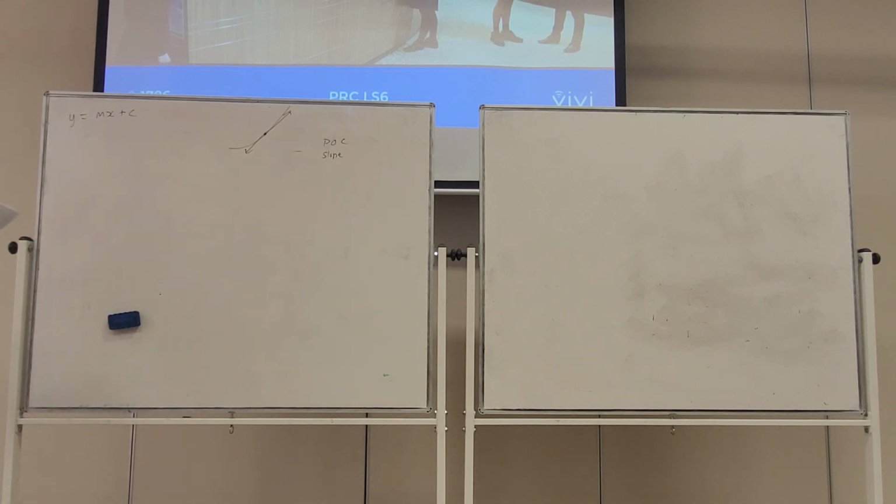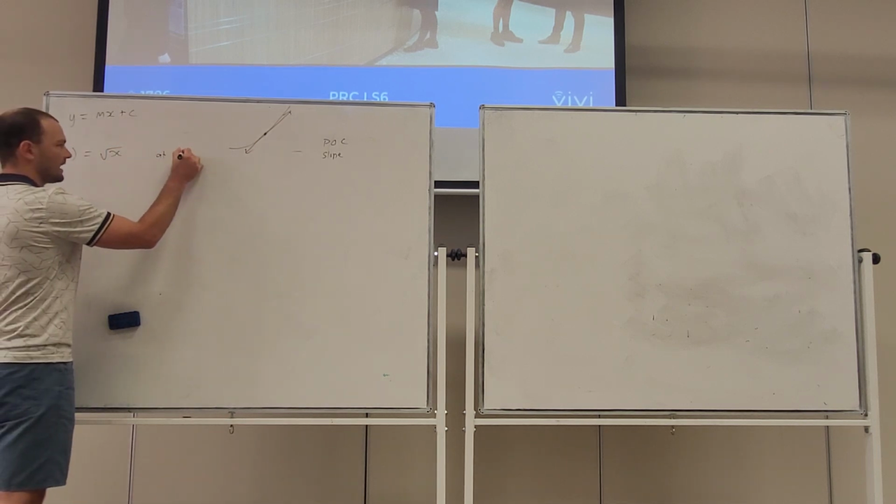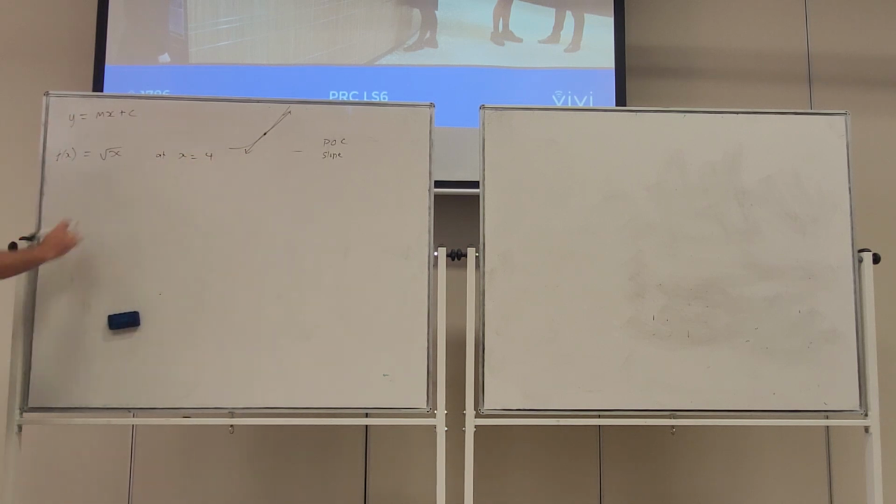So let's get straight into the first question. We have the function is the square root of x, and we want to find the tangent at x is 4. So if we think of, well, the point of contact is going to be x is 4, and we need a corresponding y value.